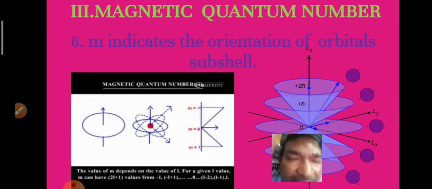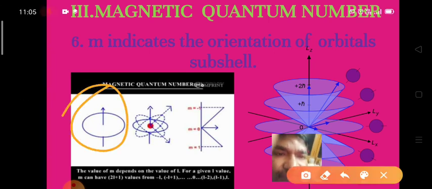In the absence of an electric field or magnetic field, the orbital lies in the plane. But when an electric field or magnetic field is applied, the orbital flips in different directions, so it gets different orientations, because the electron itself acts as a magnet and it is a charged body.